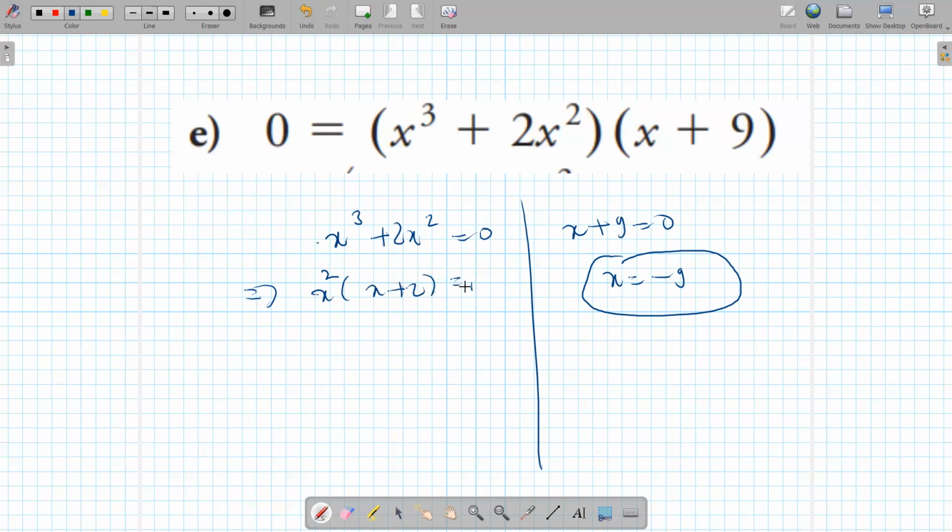So now look at this. We've basically gone back to where we started from. We have something times something equals 0. Whenever this happens, you just got to split them apart again, okay? So you have x squared equals 0 as one of them, and then x plus 2 equals 0 as the other. So if x squared is 0, what's x?